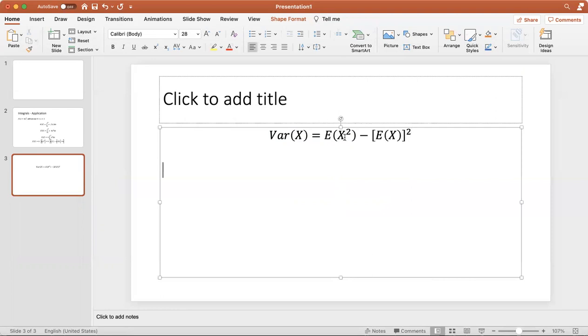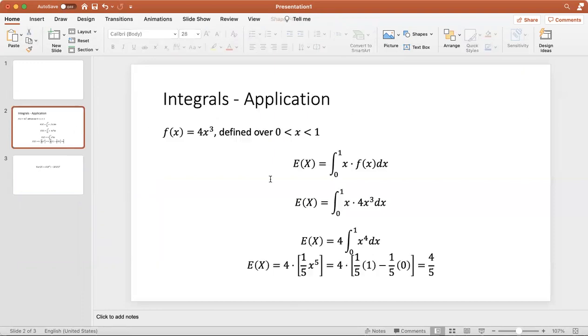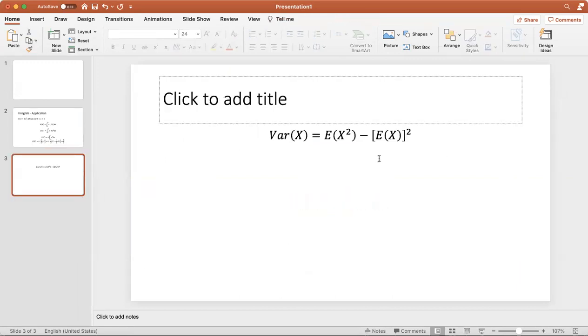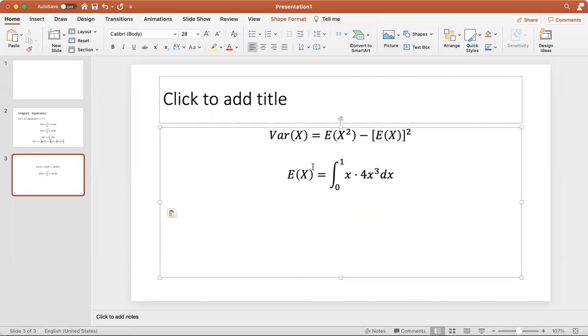Now, to solve for the expected value of x squared, same formula. Let me just copy this and change a couple of things. So instead of E of x, we have E of x squared. And this, of course, becomes the integral of x squared times 4x cubed. Now we can factor out 4 again.